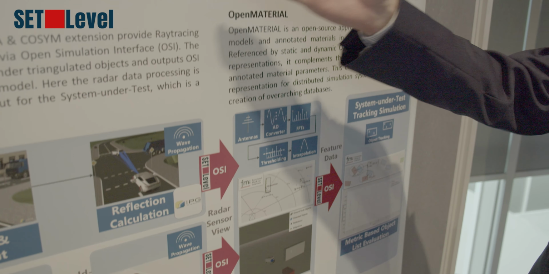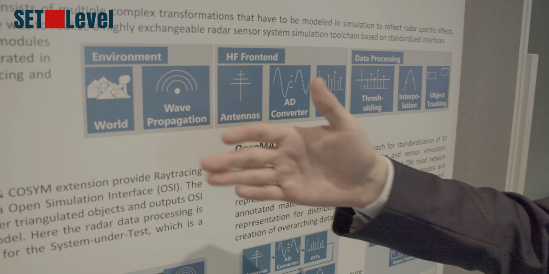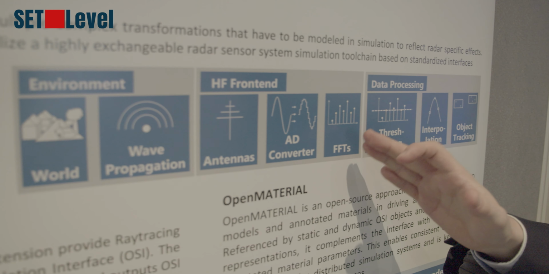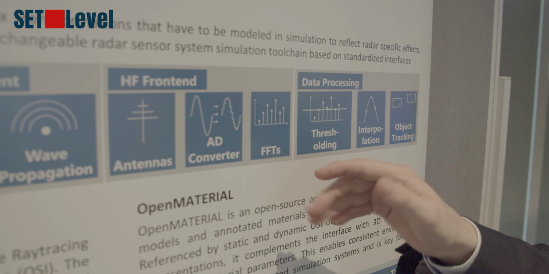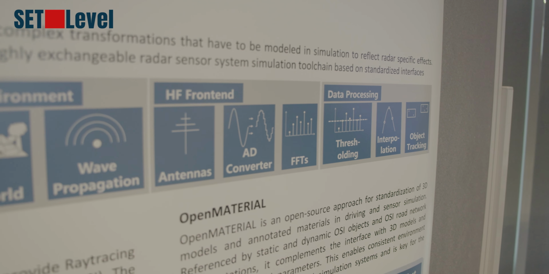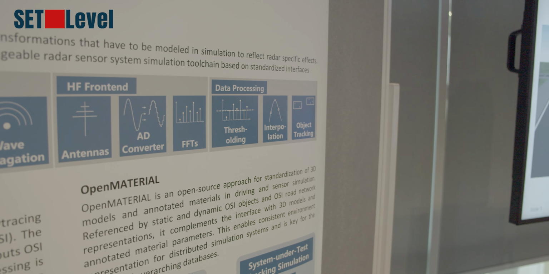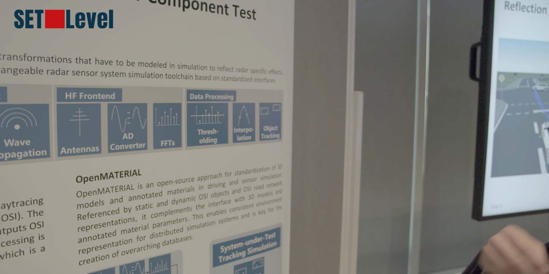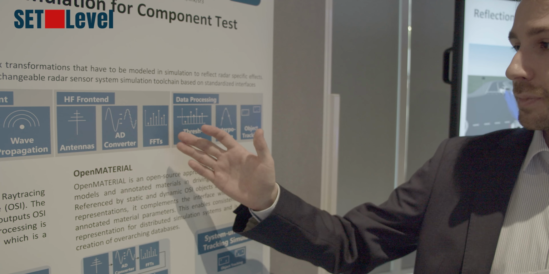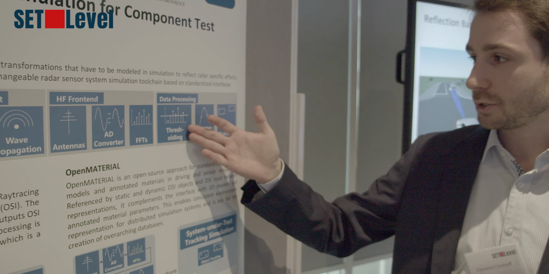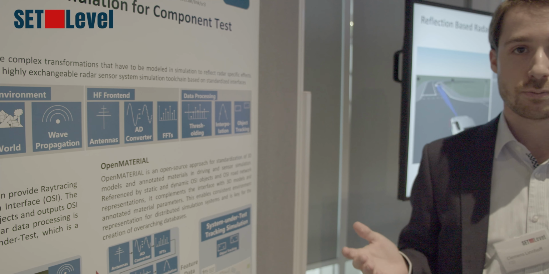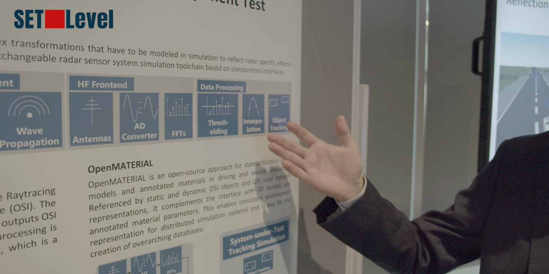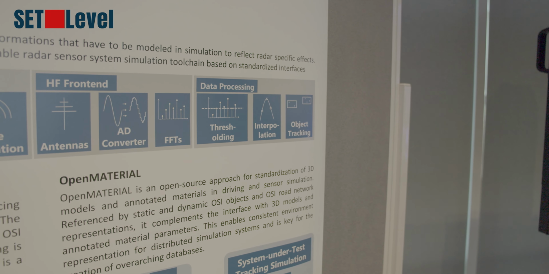If you take a look at the entire radar signal processing chain here, we're at this point down at the simulation where we take the reflections and smear them with a windowing function as a normal FFT would do. And then we simulate the FFTs, proceed with thresholding, standard CFAR algorithms as you're used to in a radar application, interpolation, and there we get our detections.